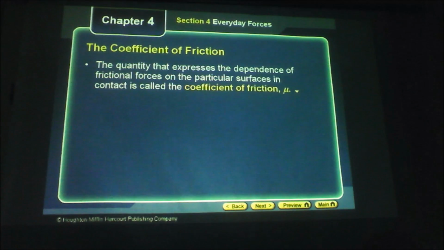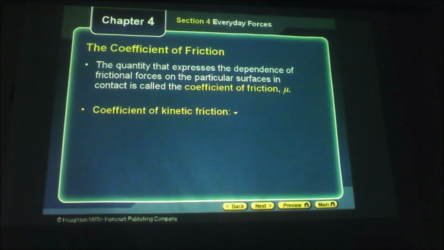So let's look at the coefficient of friction. That is the quantity that expresses the dependence of frictional forces on the particular surface in contact. It is called the coefficient of friction, and they use the Greek letter mu for that coefficient.